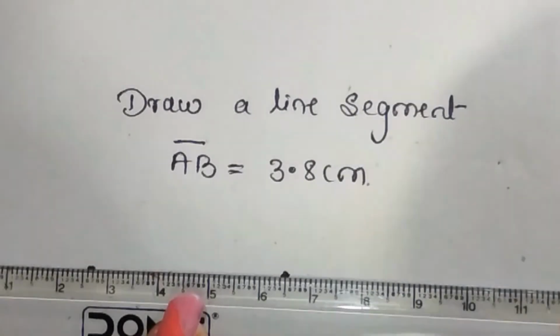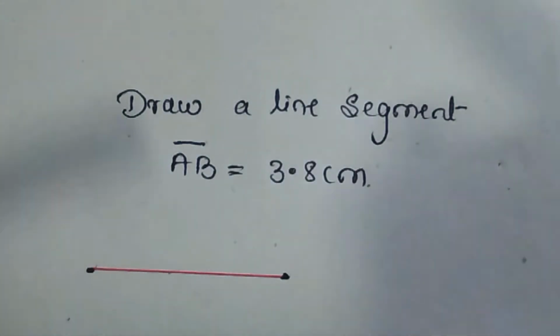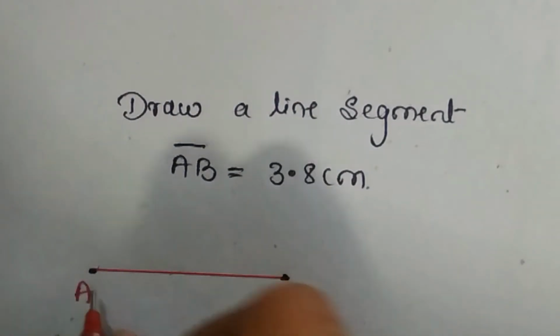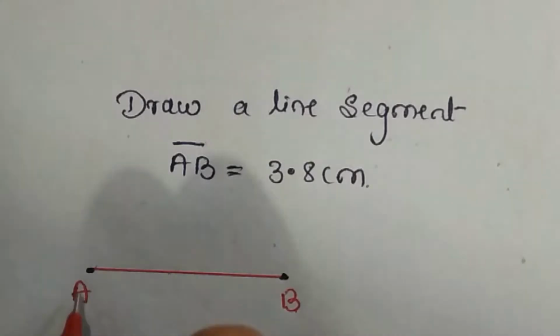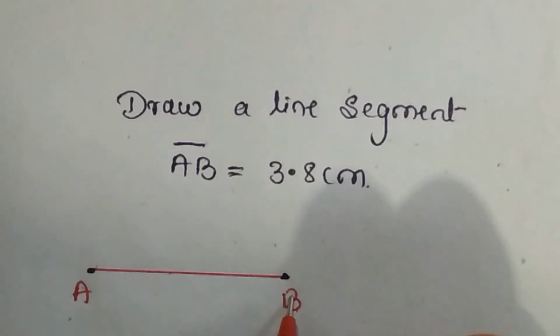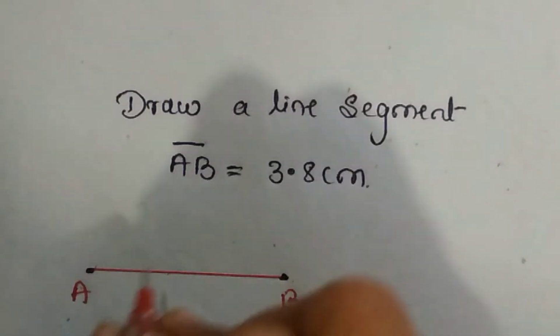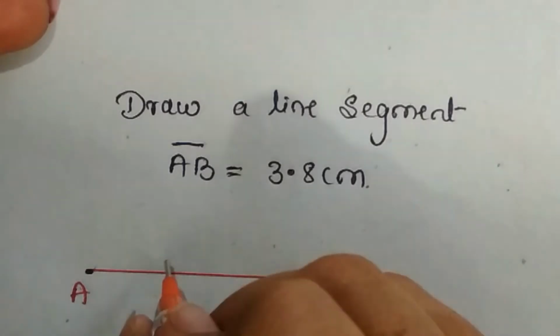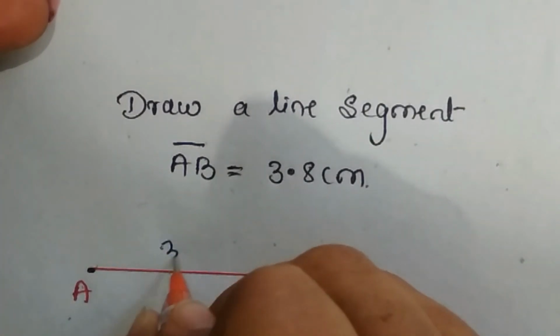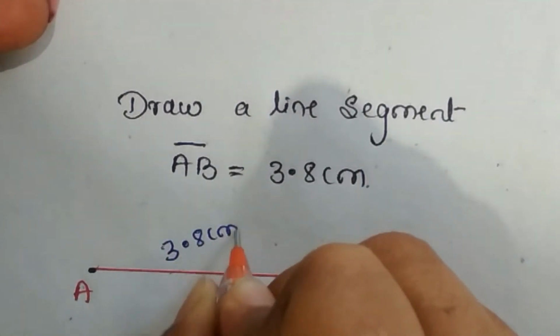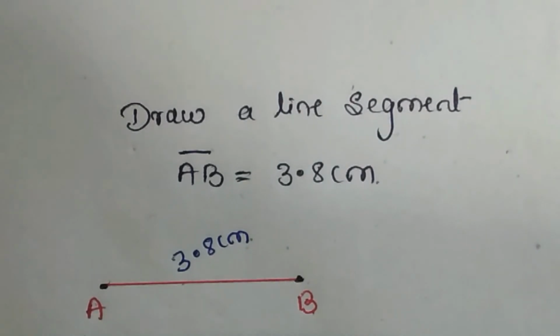Now next we will join it. Now here I will name them A and B. As soon as we get the starting point and ending point, we join those 2 points and write the length we have measured, that is 3.8 centimeter. Like this, now we come to know how to draw the line segment.